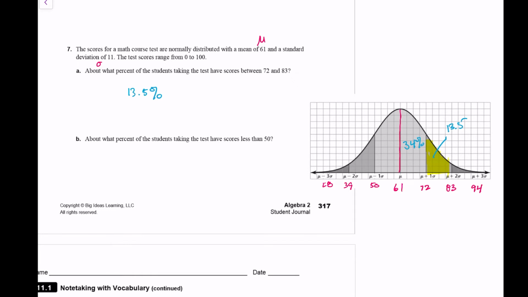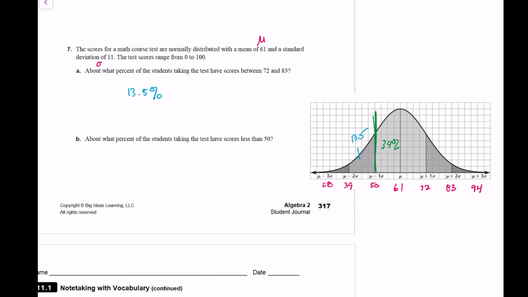Let's go to part B. Part B says about what percent of the students taking the test have a score less than 50. So let's erase some of this right here and take a look. 50 is 1 standard deviation to the left, or minus 1. So don't forget, at the mean, we have 61. Between 61 and 50, that's 34%. Between 50 and 39, which is 2 standard deviations, that's going to be 13.5%.